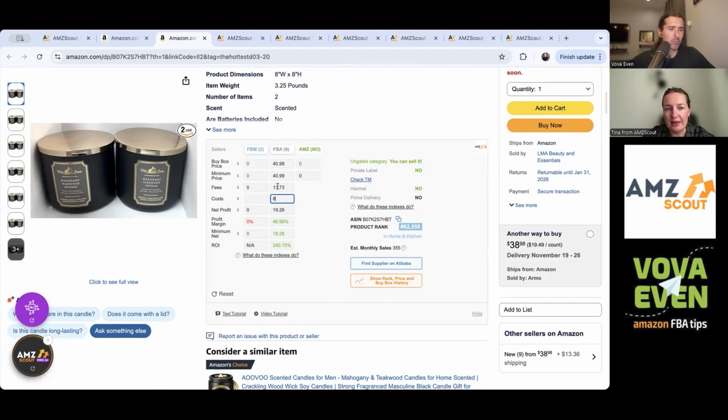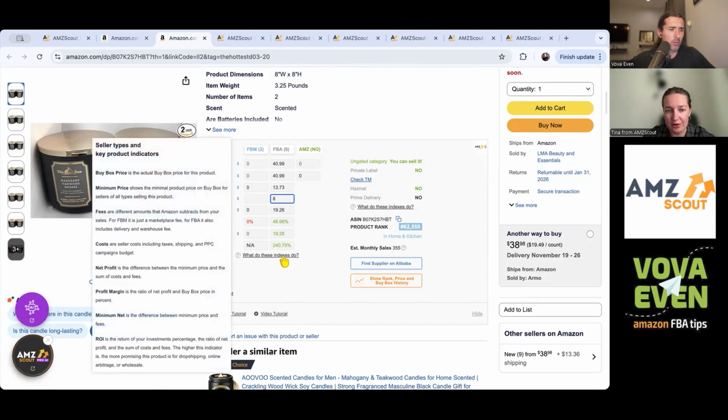You can play with this calculator by putting another price and other costs, and it would have other figures here. If you don't know what these indexes mean, we have a tooltip right here.